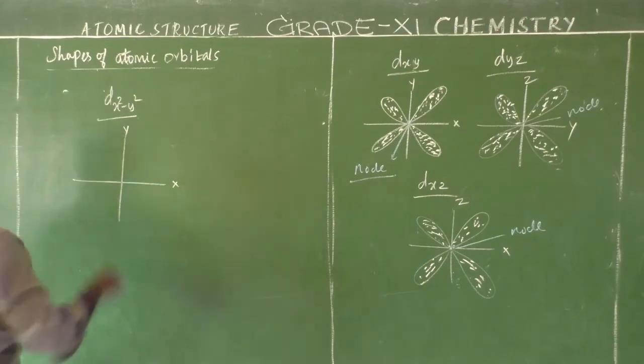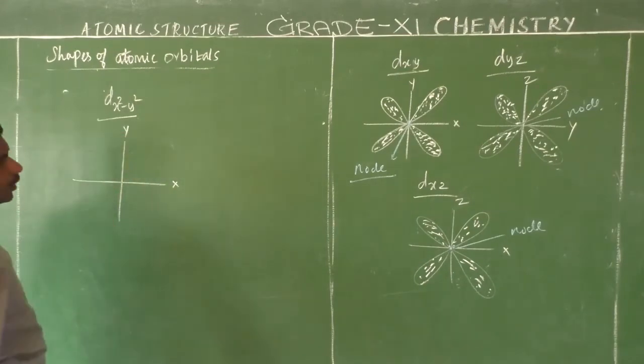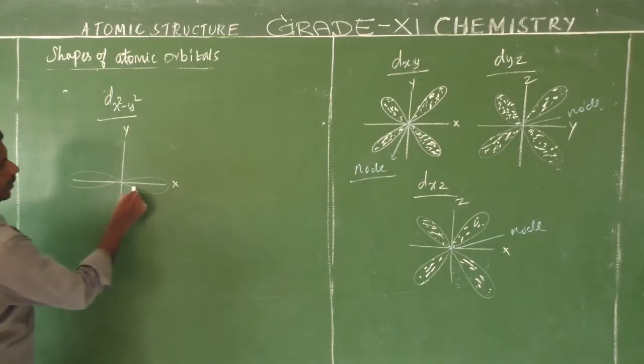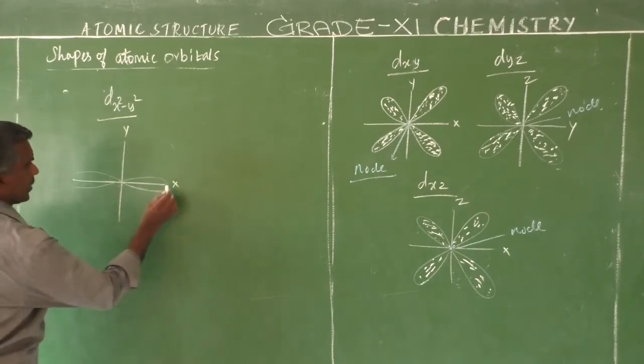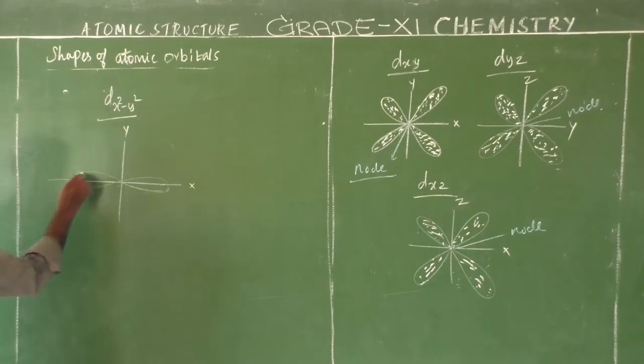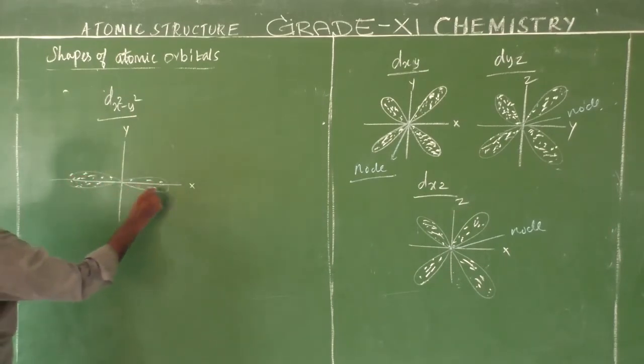This is x, y. Okay. Now the electron is along the axis. The electron is louder along the axis. This is along the axis. Electron along the x-axis. Now y-axis.